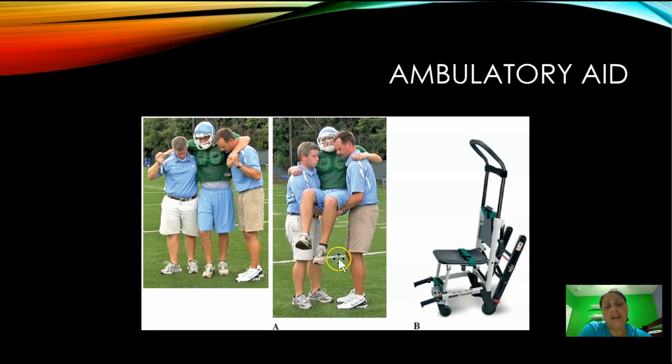Okay. Same exact hand placement on the upper arm. The other arm, instead of holding their hand, you and the other person are going to lock arms like this behind the person's knees, and you're going to kind of pick them up and carry them like a princess. Let me tell you, most athletes don't like being called princess.